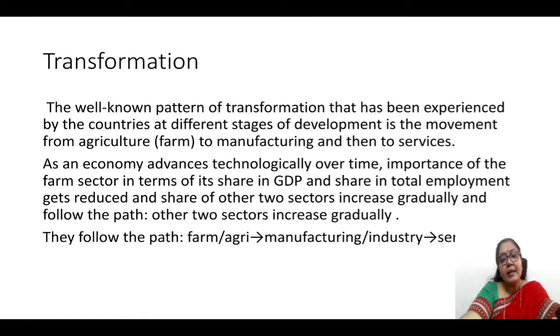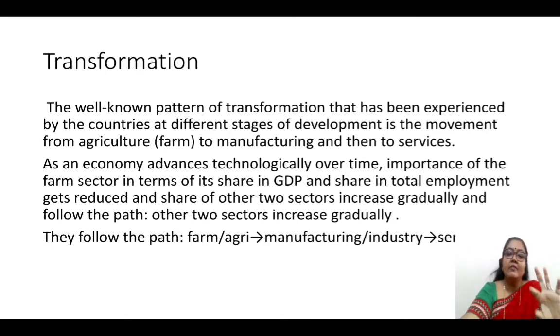So the well-known pattern of transformation that has been experienced by the countries at different stages of development is the movement from agriculture, that is farm, to manufacturing and then to services. So we find that the change is happening from agriculture to manufacturing and then to services.